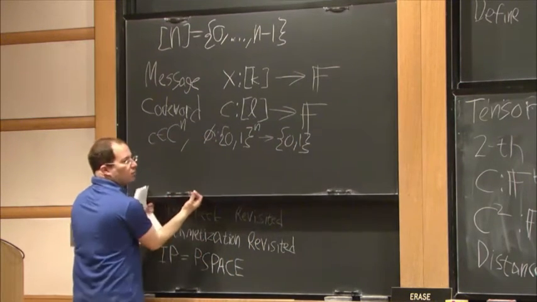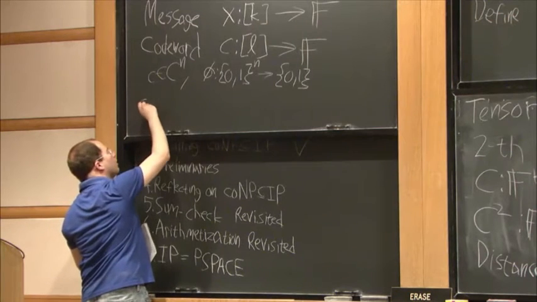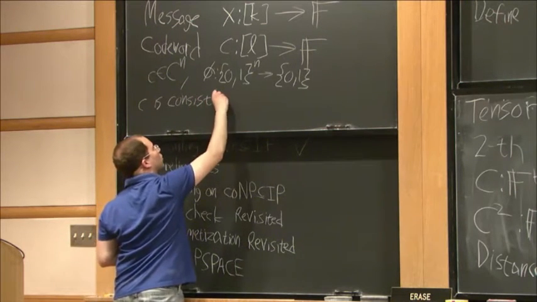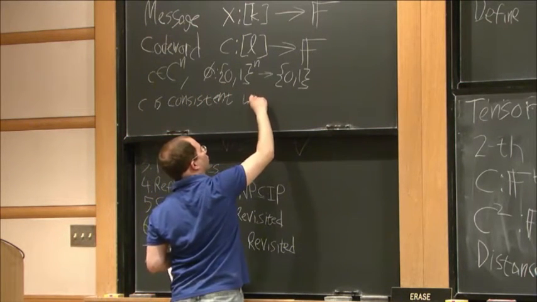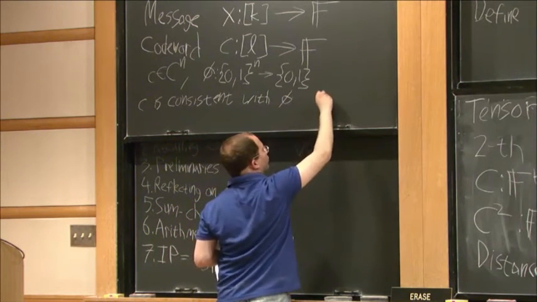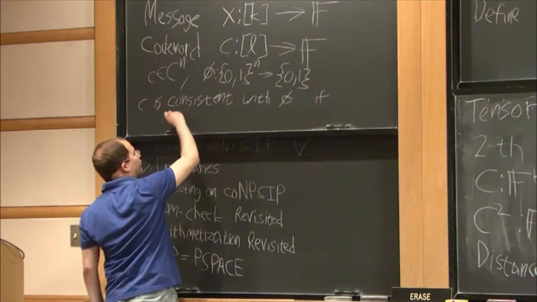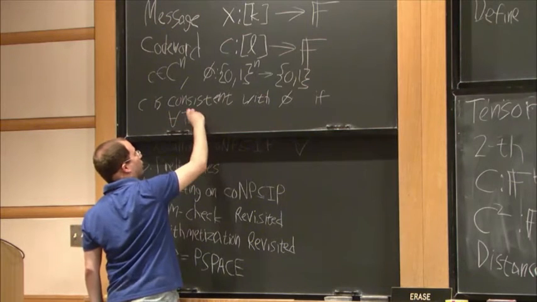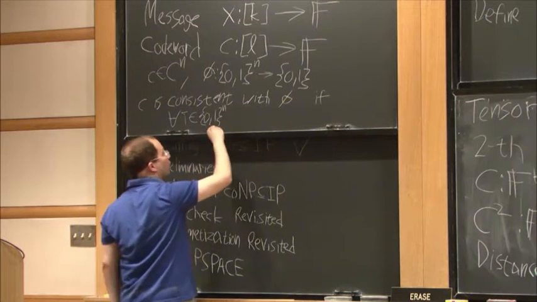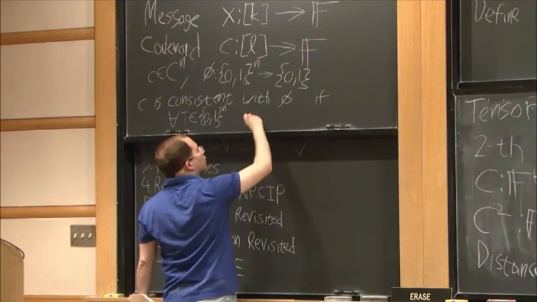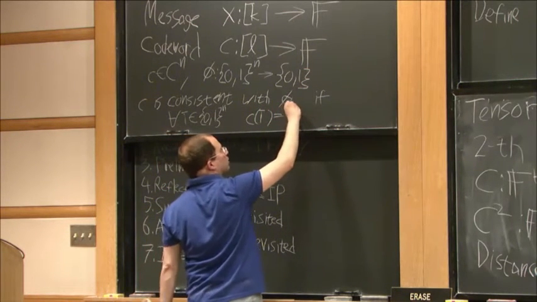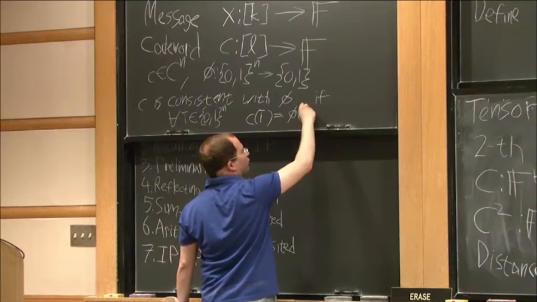We'll say that small c is consistent with phi if they agree on the hypercube. That is, for every I bar that belongs to 0,1 to the n, it holds that c of I bar equals phi of I bar.